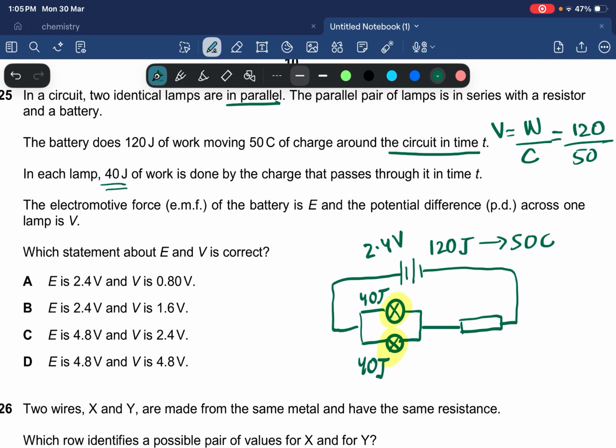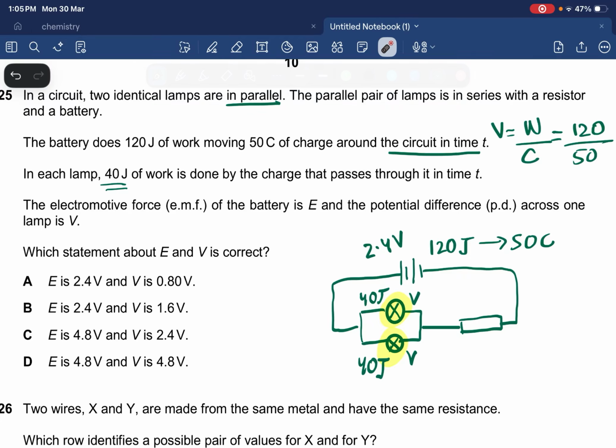The EMF of the battery is E and the potential difference across one of the lamps is V. If it's V across one of the lamps, then on the other lamp as well it's going to be V, because you know that in parallel the potential difference remains the same. So which statement is correct?